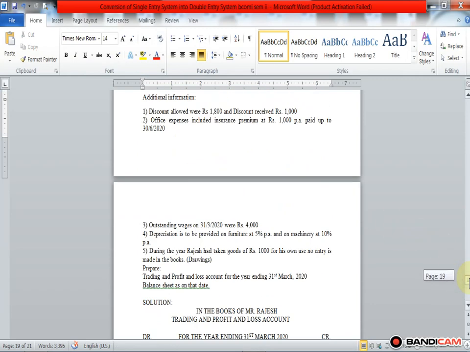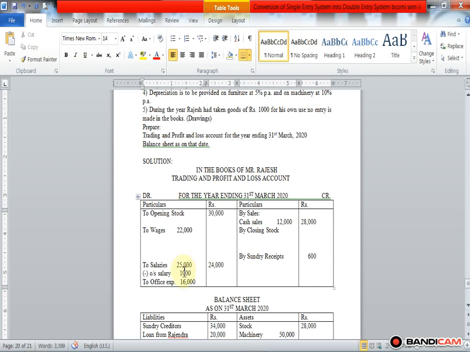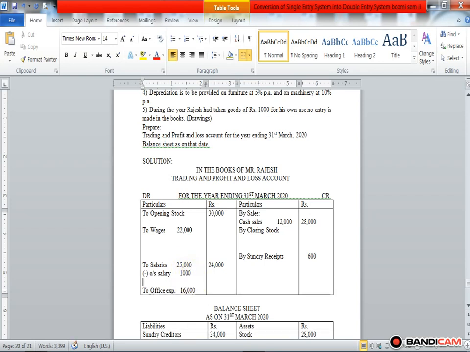So office expenses is our indirect expense, and indirect expenses are transferred to profit and loss account, debit side. Office expenses, but amount is written down in inner column, that is 16,000.